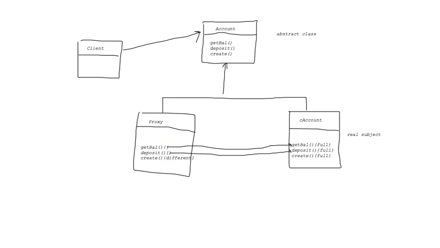We identify all the features, attributes and methods in an abstract class, and we extend that abstract class into two different classes. One is the proxy class, where we can limit the access as we want, and the other is the C account class, which is the real subject, where we implement everything fully. So the client is accessing this account only through the proxy. He is not allowed to access the account directly.